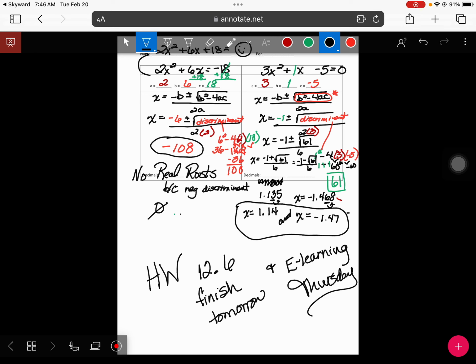Yes, on Friday. So we'll review tomorrow. I've got a review worksheet. If anybody wants the review worksheet right now, I've got that. But you need to finish working on 12.6. That will be due tomorrow. Again, we'll do some bell work.